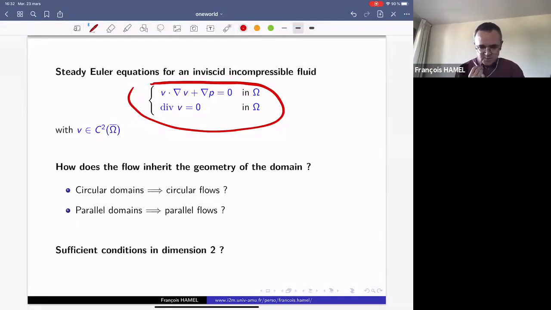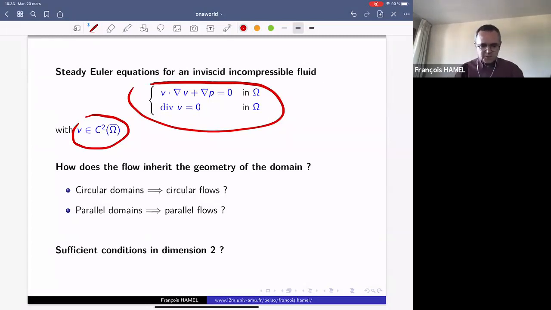The flow v is assumed to be divergence free, and we always assume that it is, let's say, of class C2 in the domain omega. C2 might seem a bit too strong an assumption, because this equation only involves the first order derivatives, but we will see that this assumption plays a role somewhere in the proof of the results.